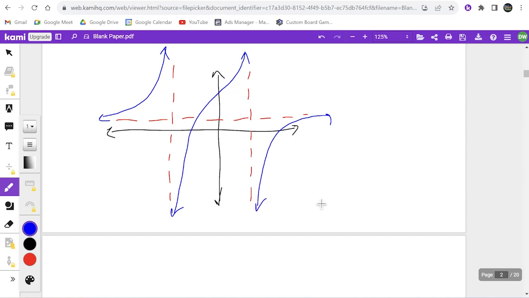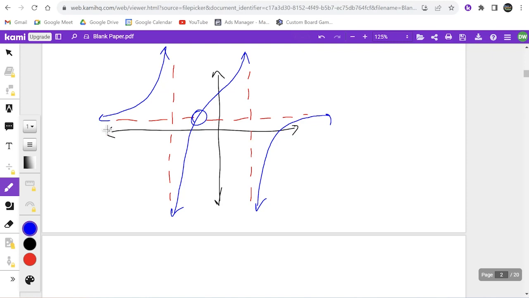This is possible. And the reason why it's possible, by the way, is because the horizontal asymptote does not work for the middle. What do I mean it doesn't work for the middle? I'm saying for this point right here, see how it's in the middle of the 2 vertical asymptotes? The graph doesn't have to follow it there.